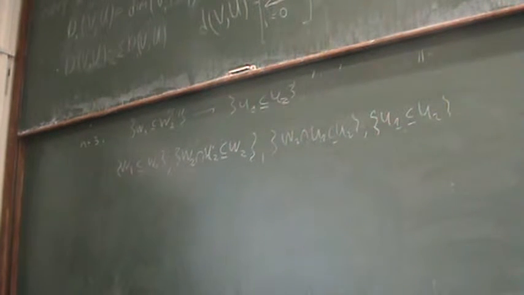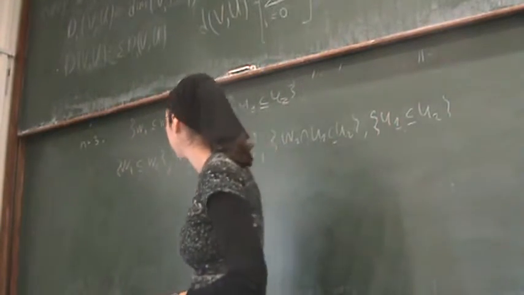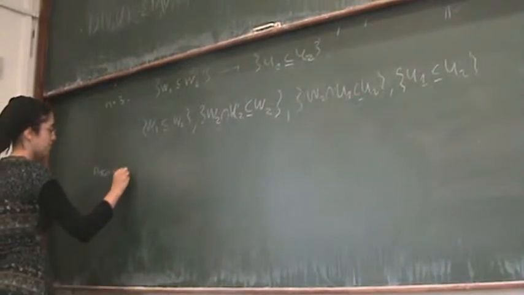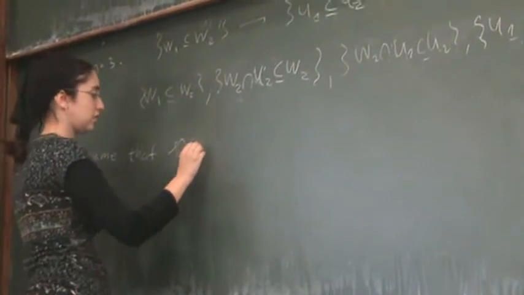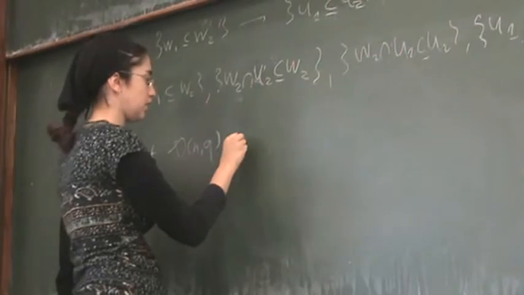So we get that for n equal 3 this is a gallery, and now assume that for n we have a chamber complex.